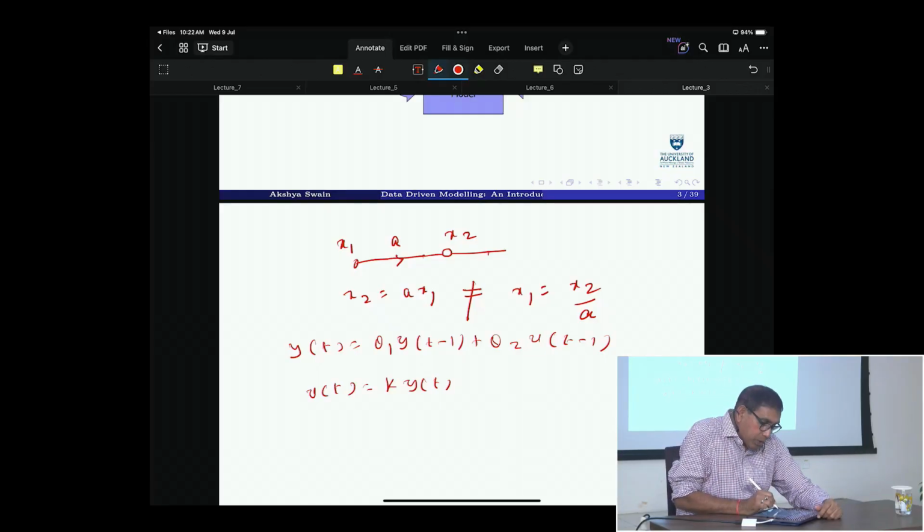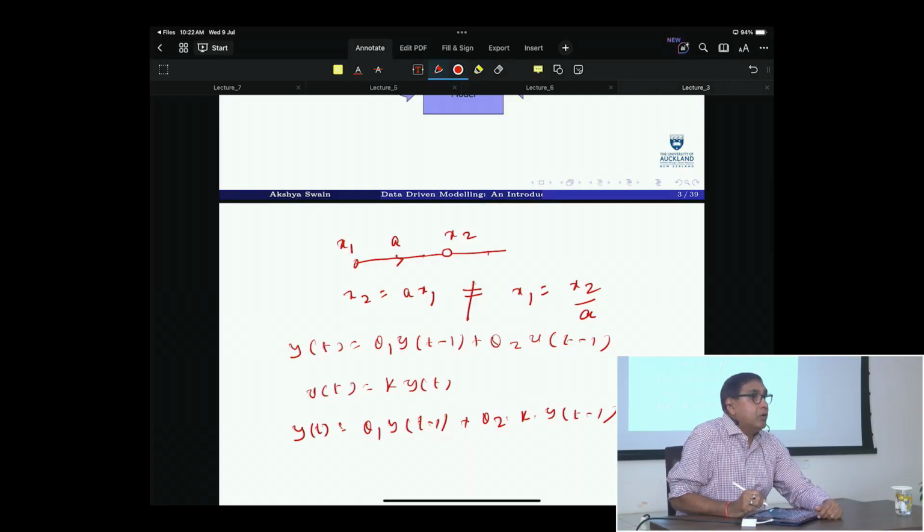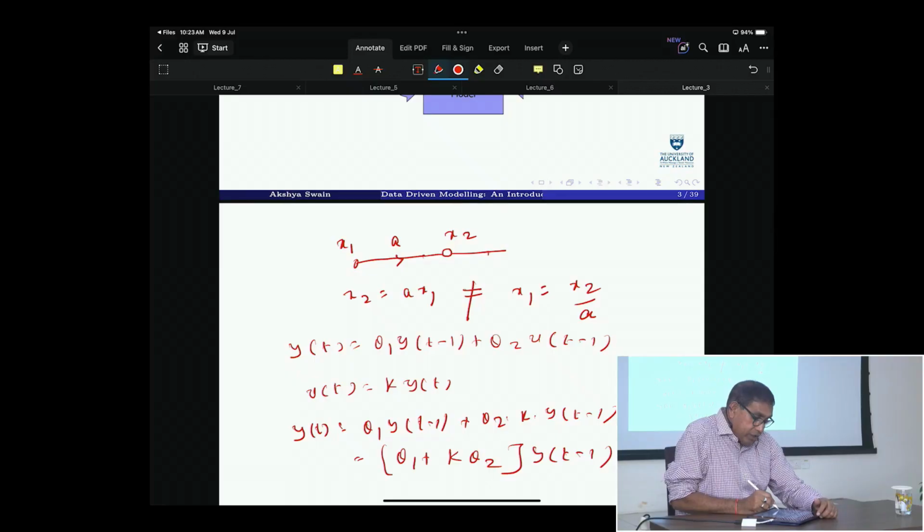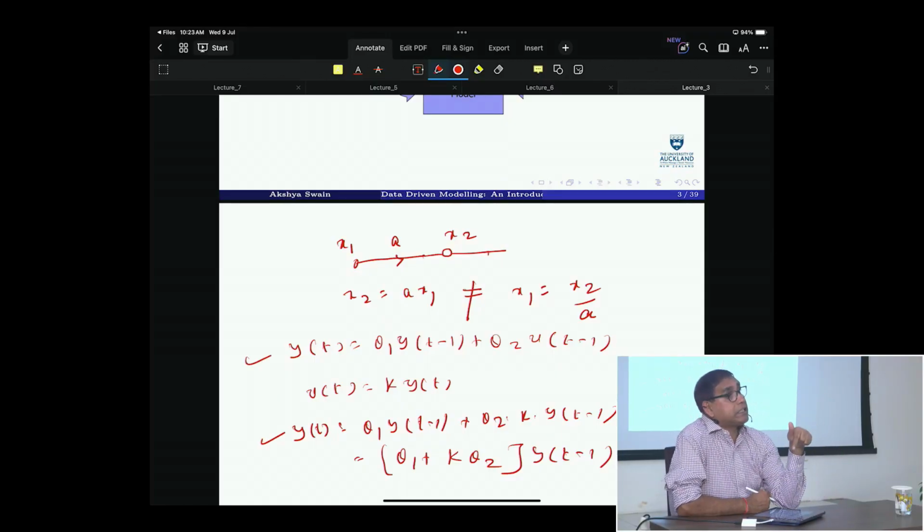Now if I substitute, yt is equal to theta 1 yt minus 1 plus theta 2 into k into yt minus 1, which is theta 1 plus k into theta 2, into yt minus 1. So this one and this one are algebraically equivalent, because yt is this one and ut is this one. Substitute that value and put it.